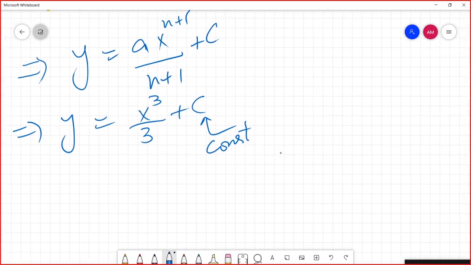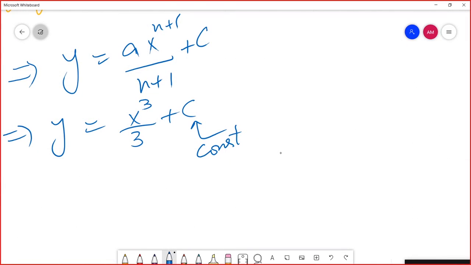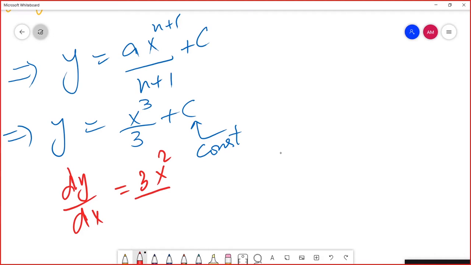Now we just see that this is the equation. If I differentiate this equation, and you know differentiation, what would be dy upon dx? It'll be x squared. Yes, it would be, for example, 3x squared over 3, right?